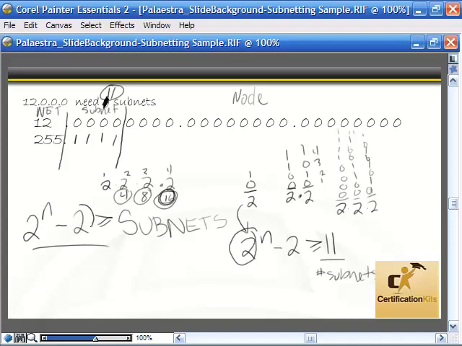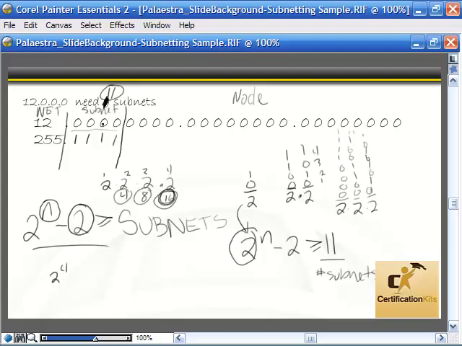Now, the minus 2 right here. We know the 2 is 1 binary space, 2 combinations. The n is the number of binary spaces, so we've got 2 to the 4. The minus 2 is, in standard subnetting practice, you don't use all zeros in this portion, or all ones.